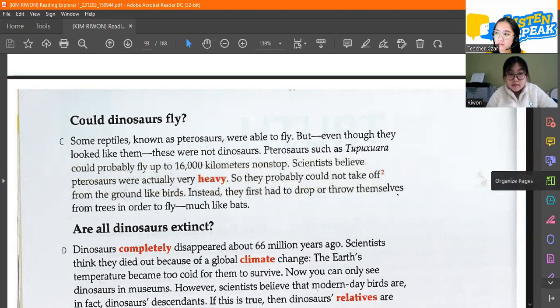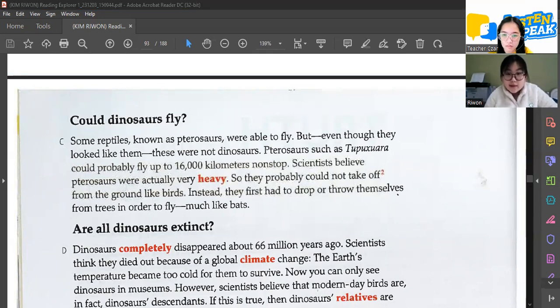Pterosaurs were actually very heavy, so they probably could not take off from the ground like birds. Instead, they first had to drop or throw themselves from trees in order to fly, much like bats.